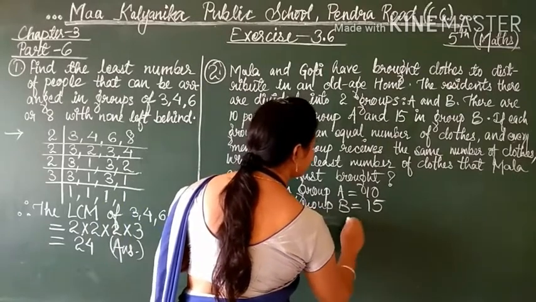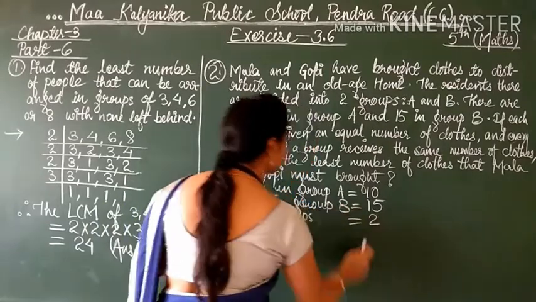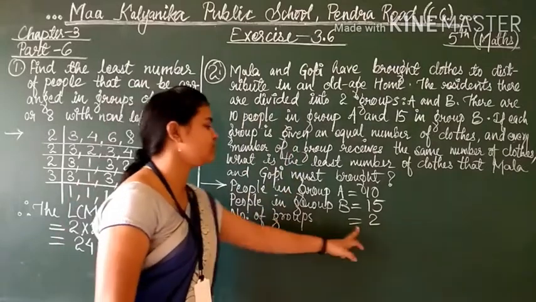How many groups are given? You can write down here. Okay, so number of groups is equal to 2.